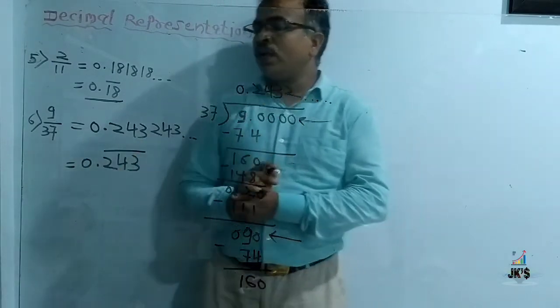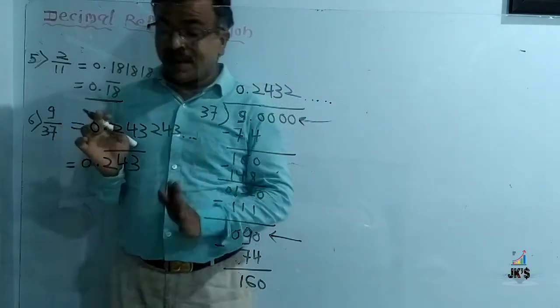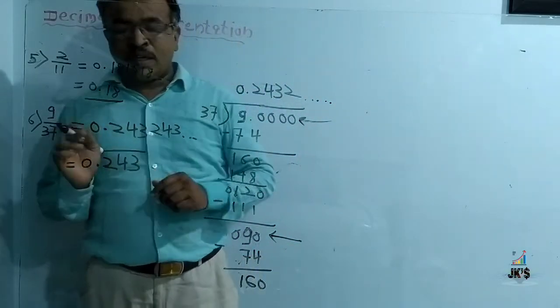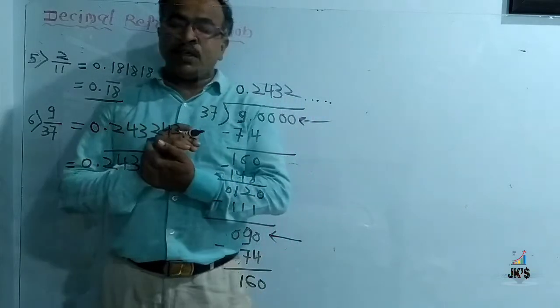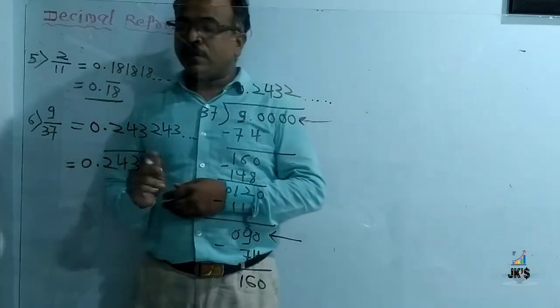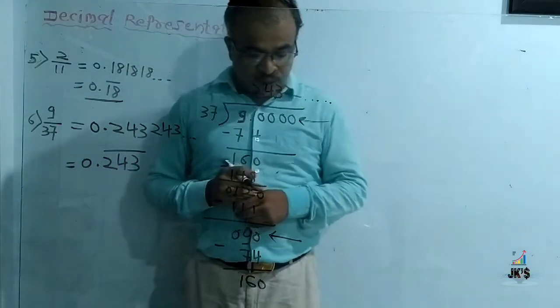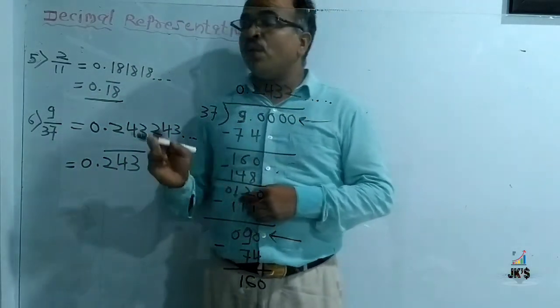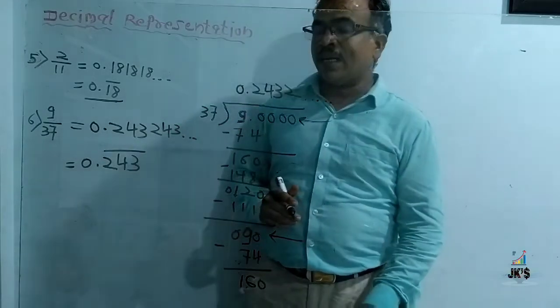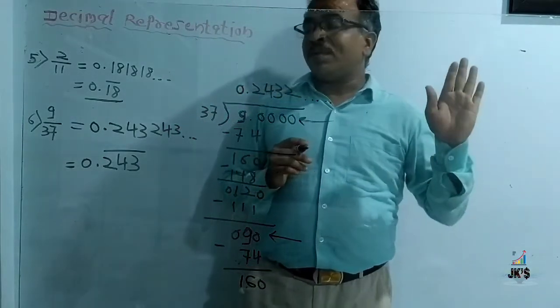When a group is repeating or recurring, a bar is given on the recurring numbers, and we read this as 0 recurring 243. These are recurring non-terminating decimal fractions.